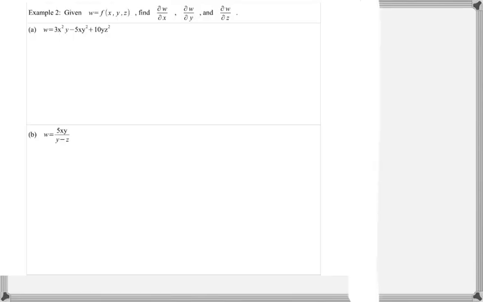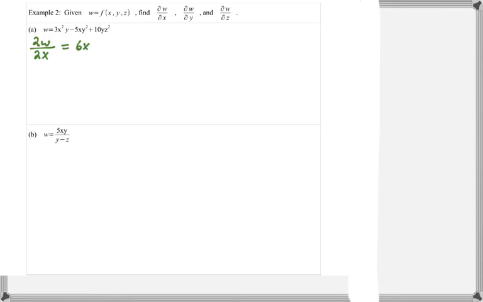So given w is equal to f of x, y, z, let's find the partial of w with respect to x, partial of w with respect to y, and partial of w with respect to z. In A, the problem is w is equal to 3x squared y minus 5xy squared plus 10yz squared. So first we'll find the partial derivative of w with respect to x.